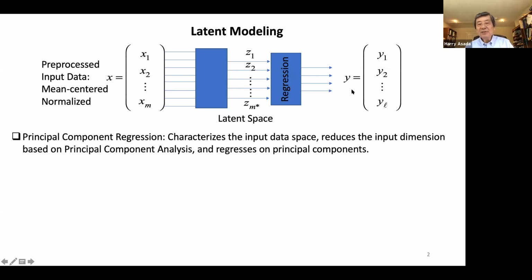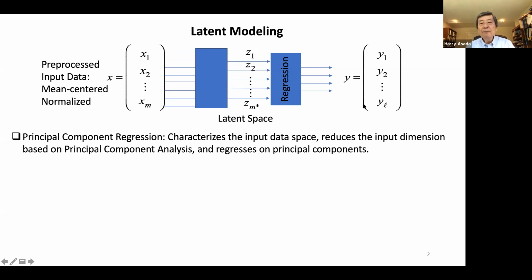What it means is that if you use just a linear relationship, each output, y1 for instance, is a linear combination of z1 to zM, and you need to identify the weights and parameters associated with it, and you have to do this L times, right?